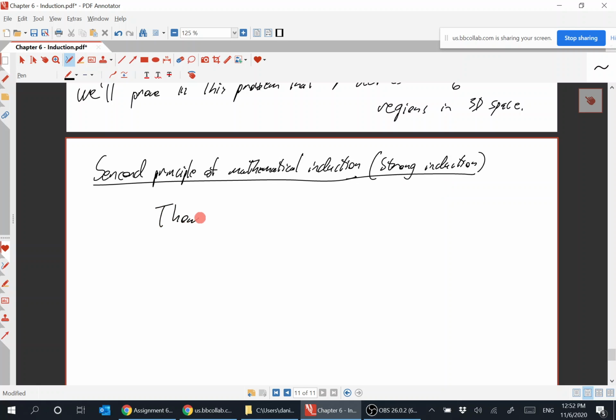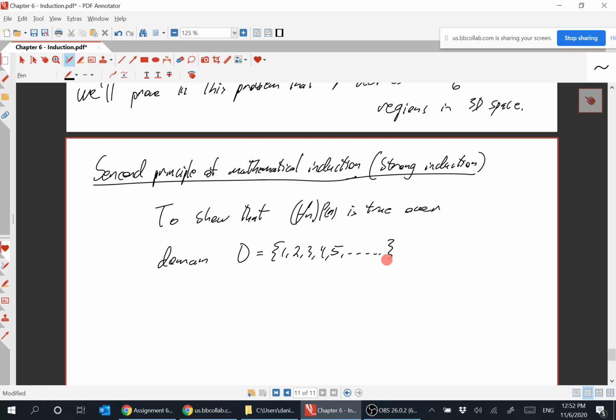To show that for all n, P of n is true over domain D equal to 1, 2, 3, 4, 5, so on and so forth, like that.